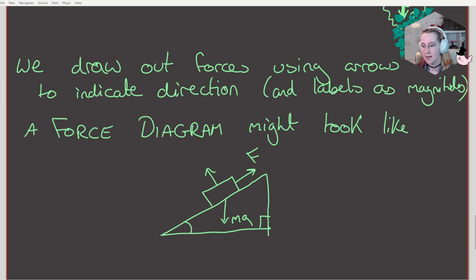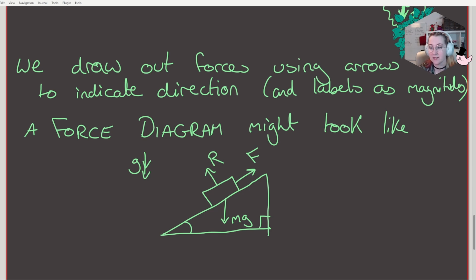We have the weight of the box acting vertically downwards because this is our down direction. And then this is our normal, or our reaction force from the box being on the plane. So this is the plane acting on the box. These diagrams can get really busy.